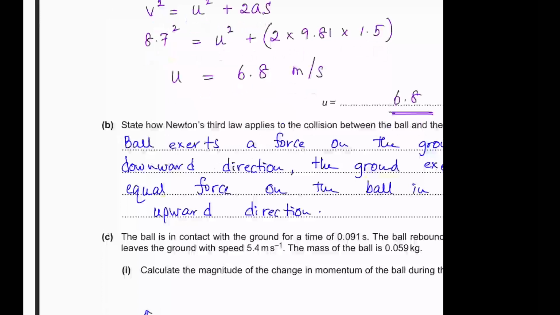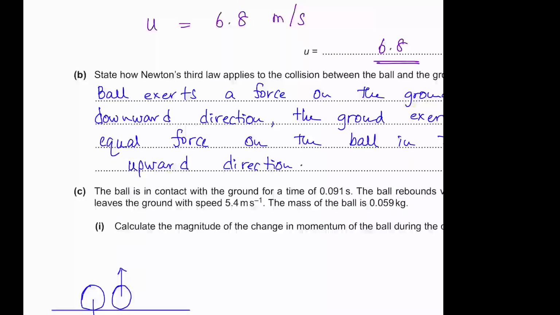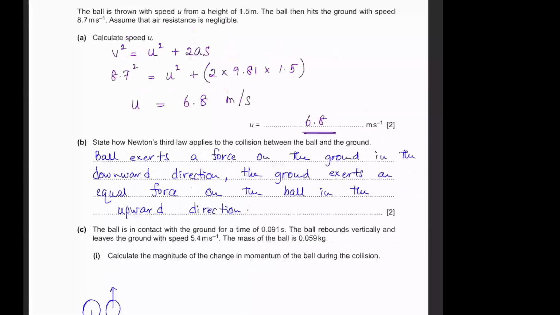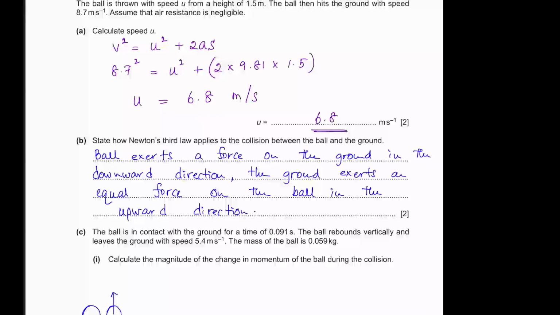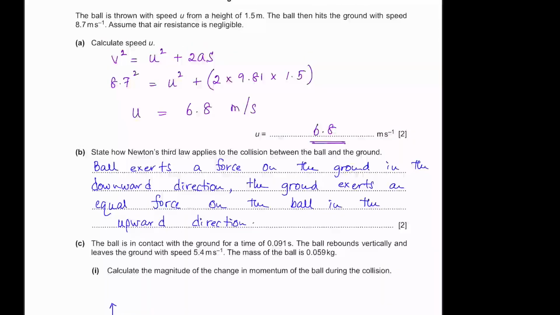Mass is 0.059, into the velocity 8.7. 0.059 into 8.7 is 0.5133 newton seconds or kilogram meters per second. That is the momentum at which the ball will be hitting the ground.